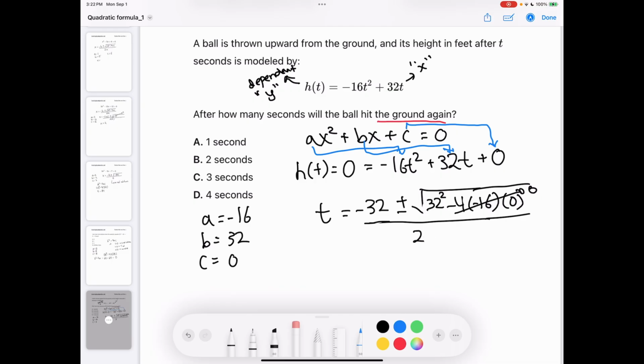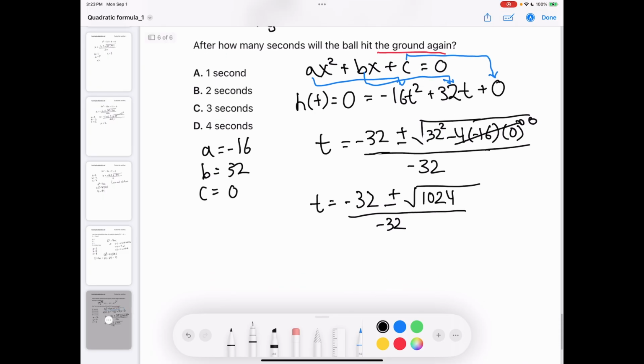Divided by 2 times a, and our a is negative 16. Negative 16 times 2 is negative 32. Simplifying a little bit more, inside the square root, we get 32 squared, which is 1024, all of that divided by negative 32.